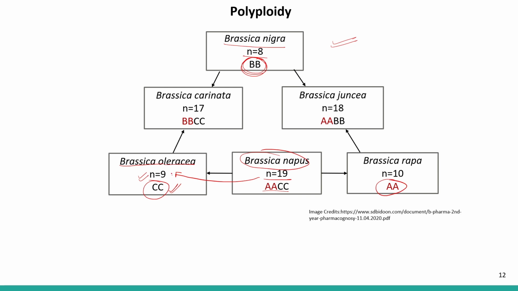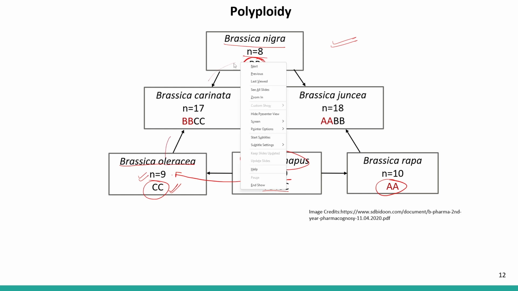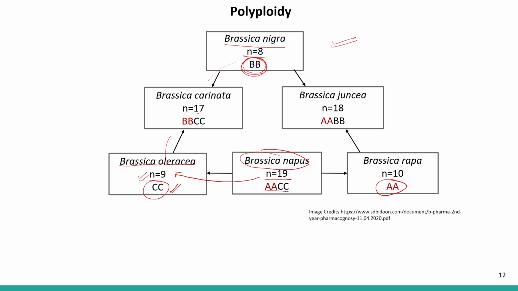The CC set from Brassica oleracea and BB from Brassica nigra are combined to form a new species, Brassica carinata. In the same way, Brassica juncea is formed from Brassica nigra and Brassica rapa. So here you can understand how new species can be formed.